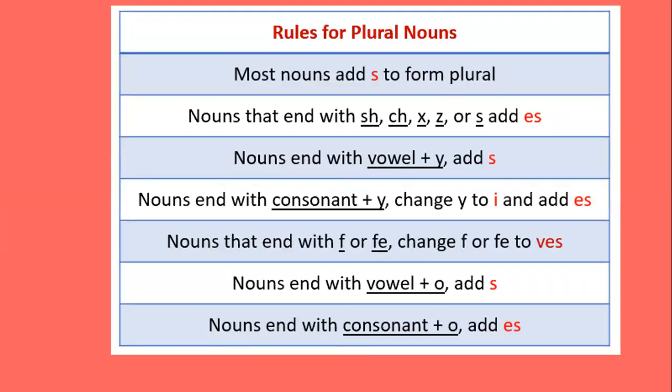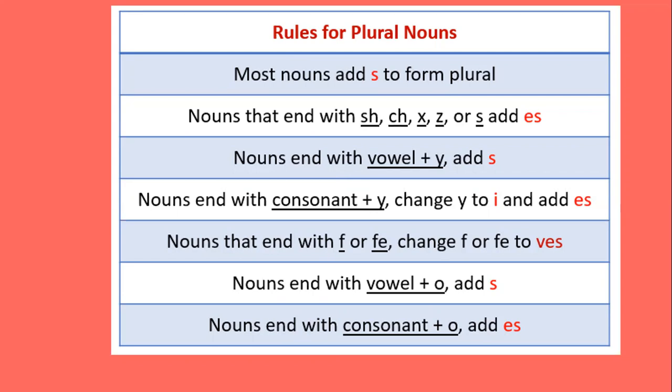So this is a quick small note that I made so that you can revise all the rules again. Most nouns add s to form the plural. Nouns that end with sh, ch, x, z, or s need to add an es. Nouns that end with vowel plus y add an s.